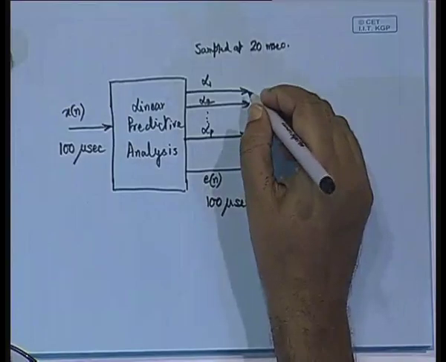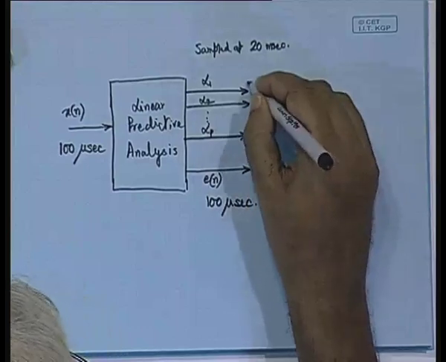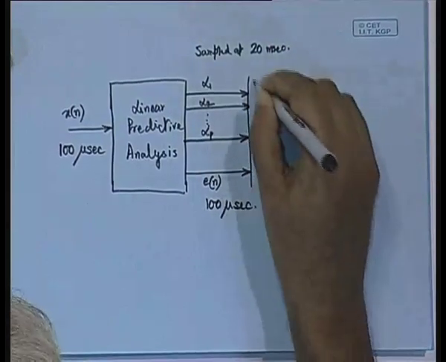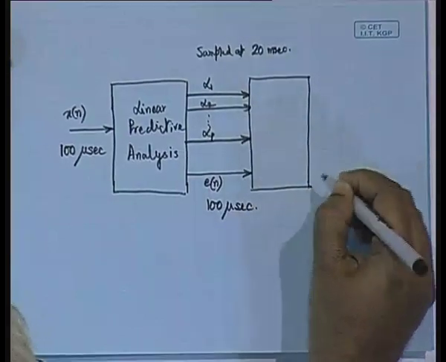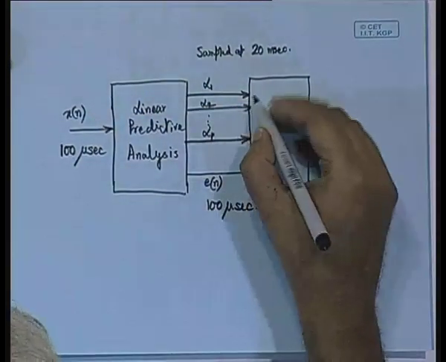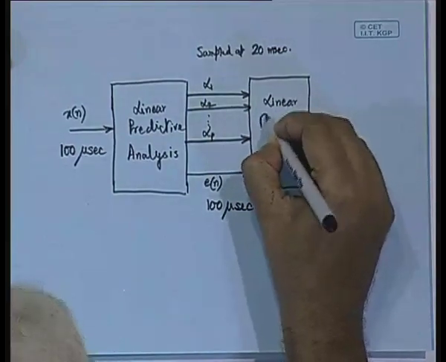So you learned that GP is greater than 1, that is to say the prediction gain is greater than 1. So that is how we are gaining in terms of the predictive response. And now this alpha 1 to alpha p as well as this E of n will be received at the decoder end. So at the decoder end we must have a corresponding block which will not do the analysis, but which will do the synthesis.